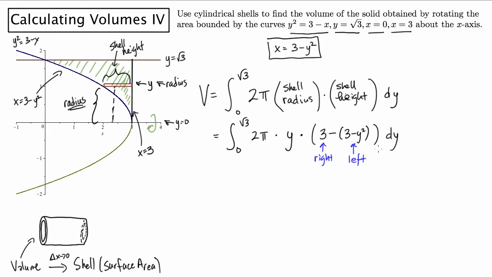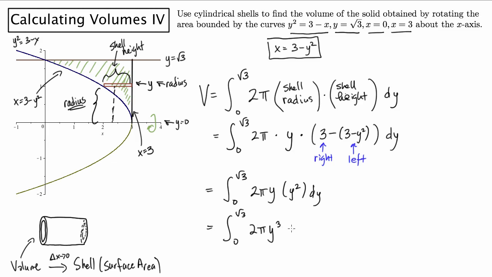All right, if I put everything together here, let's clean this up a little bit. This becomes 2 pi y. The 3's, if you notice, are going to cancel, and it's going to leave me with a positive y squared, which seems easy enough.